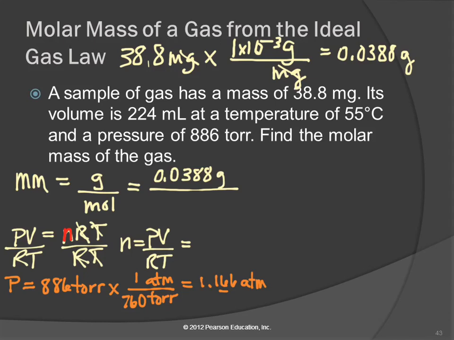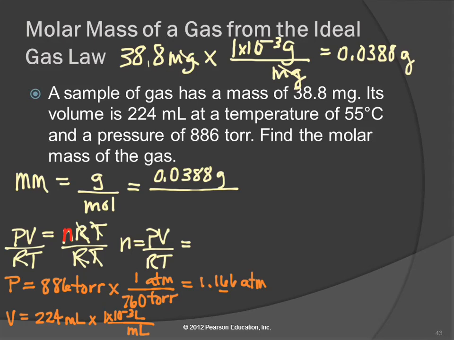So that's the pressure. The volume was given to us in milliliters. They were really nice to us in the previous problem and not so much in this one. What does that need to be in? Liters. Okay, so we'll multiply by liters and divide by milliliters. Oh, that's just like milligrams to grams that we just did. Milli means 10 to the minus 3, so that's 1 times 10 to the minus 3.